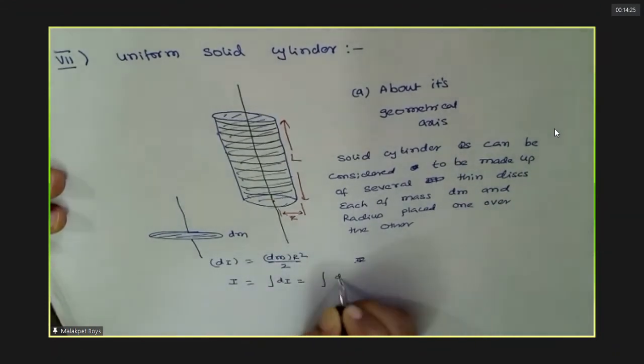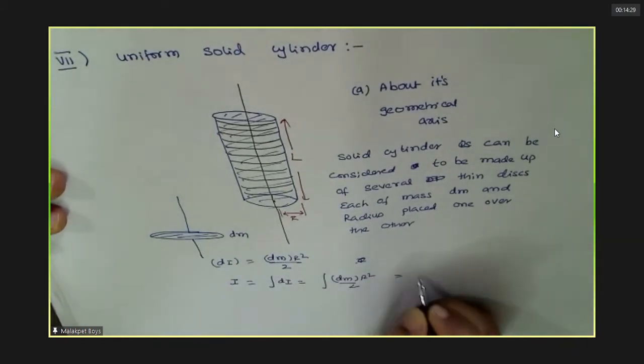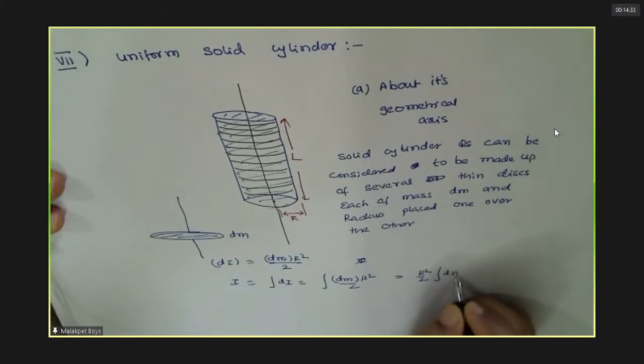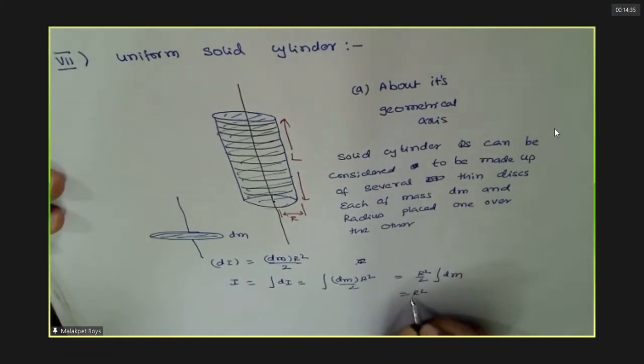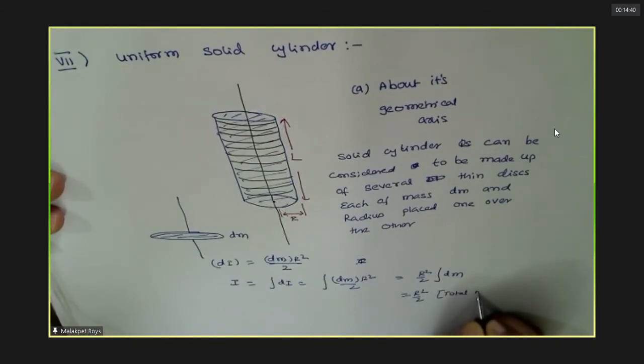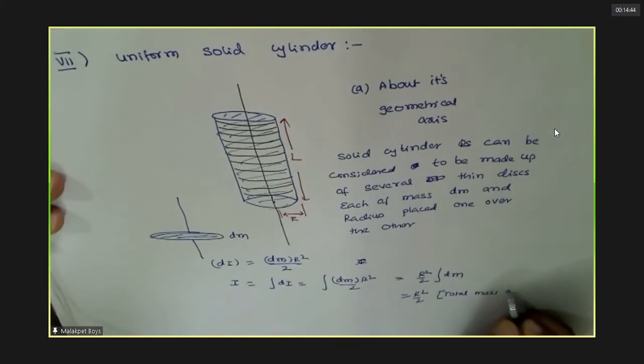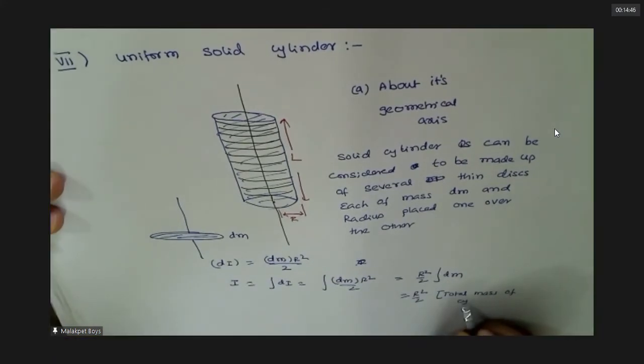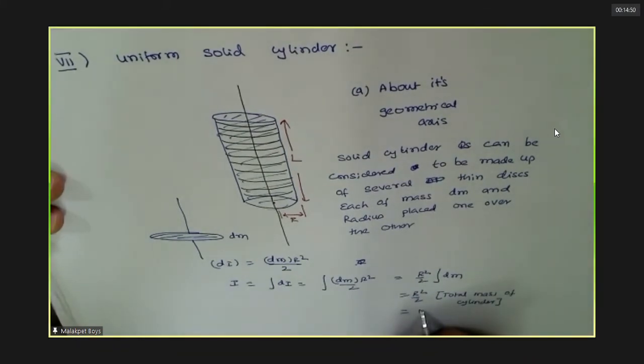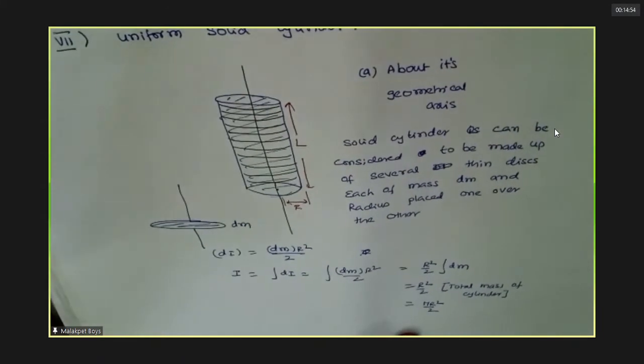The integral of dm r square by 2, out of which r square by 2 is constant, can be taken out of the integral. If you add up all the dm's, what is this? Total mass of the cylinder. This is nothing but MR square by 2. Understood this? Yes, sir.